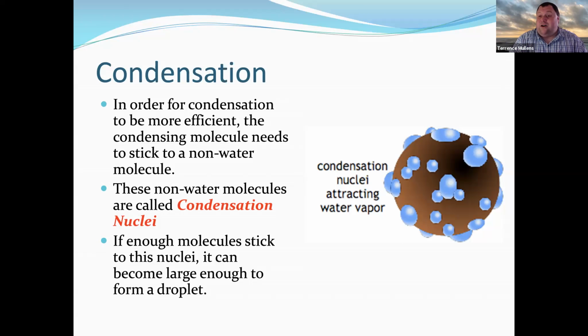Okay, Terrence, that's all well and good, but what are these condensation nuclei? Kind of sounds weird to think that there's some non-water thing, a grain of salt or a speck of dust or something like that at the center of a water droplet.